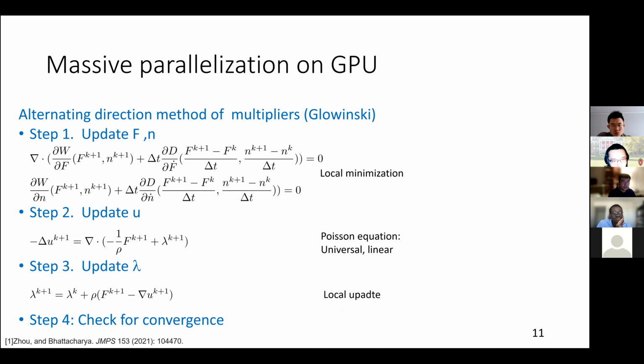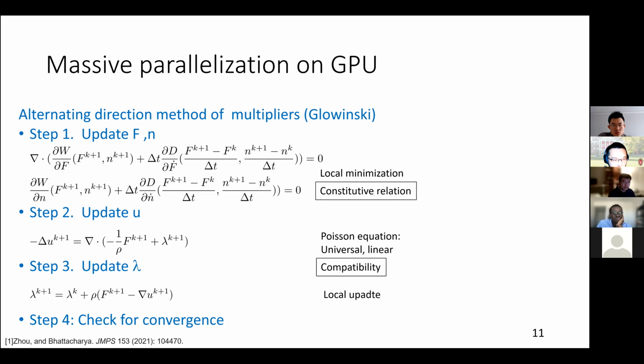Where we first minimize with respect to the deformation gradient and the internal variable, we will soon notice that if we are just minimizing that, there's no dependency on its neighboring material points, so that it could be solved in massive parallelism, because there's no gradient term that is spatial.